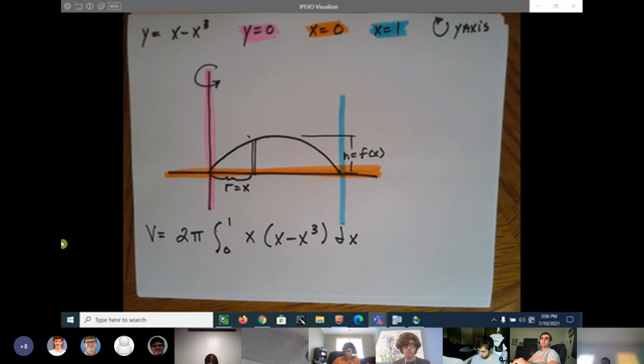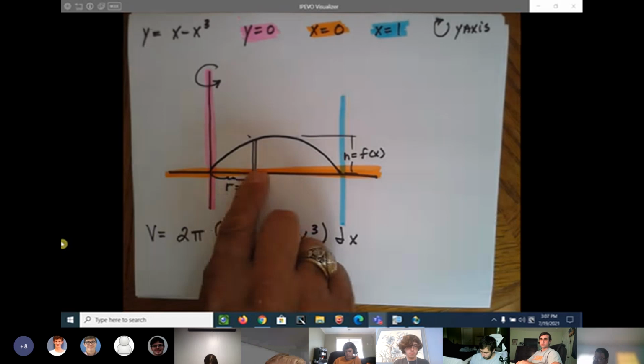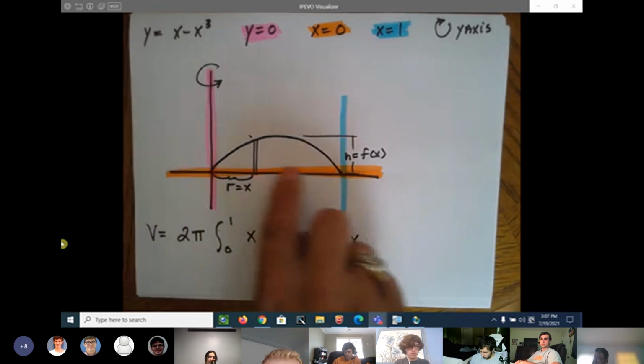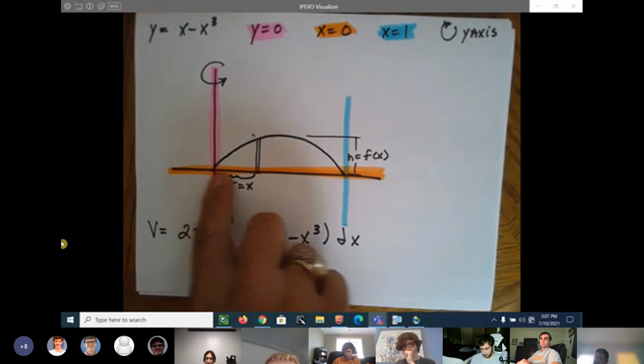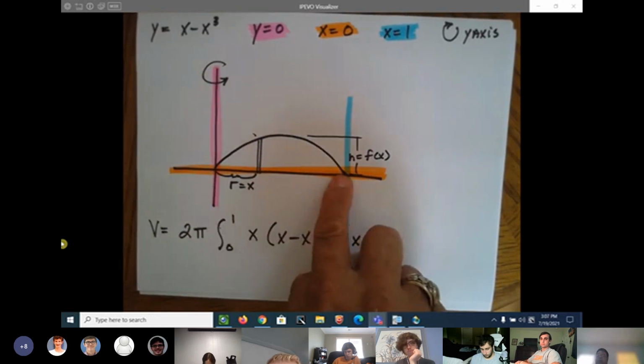Hubert, I have a quick question. What is it? So is only part of the radius x, or is it that whole curved line? The radius goes from here to here, here to here, here to here. There's 50,000 radiuses in between here and here.